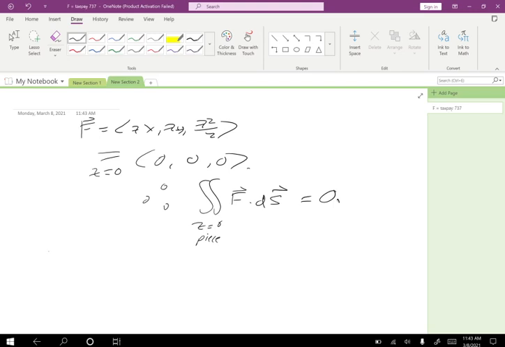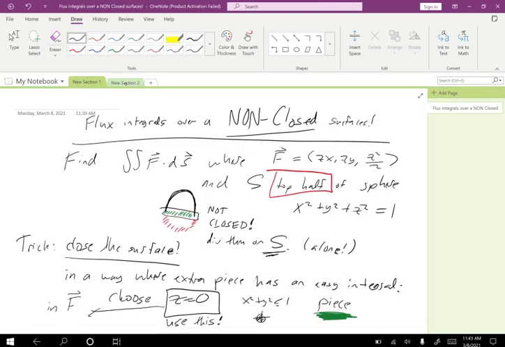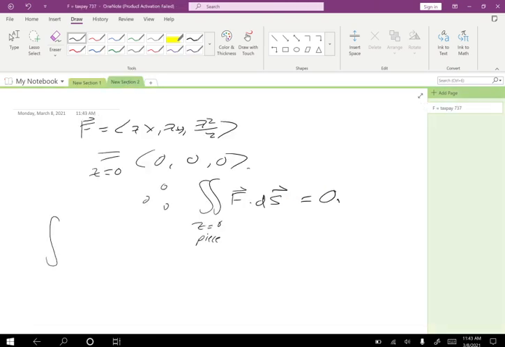Right? So let me now show how to close that surface. If I take the surface integral over the top half and I add the surface integral over that bottom piece, we get the surface integral over that closed hemisphere.